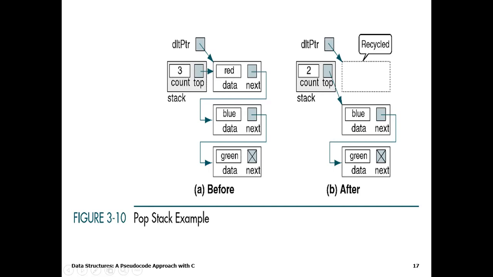So as per the principle of stack, last in first out, the last element which is added in the stack will be eliminated first. So the top will be holding the last element. So red will be deleted. To delete the node red, what we will do is change the pointer from top pointing to red, to pointing to blue. So we will disconnect this connection and free this memory.